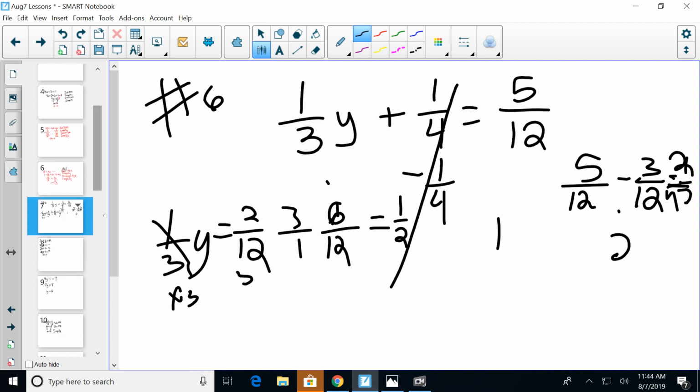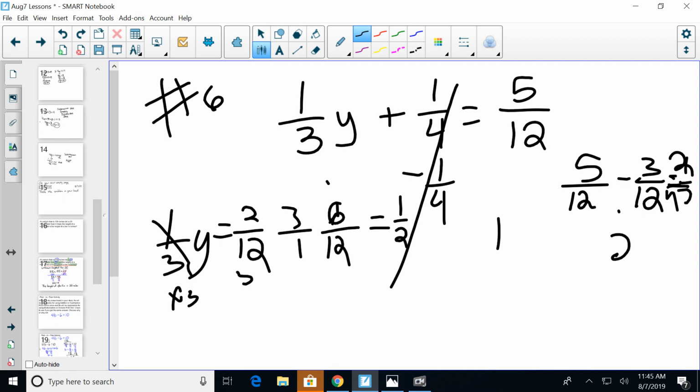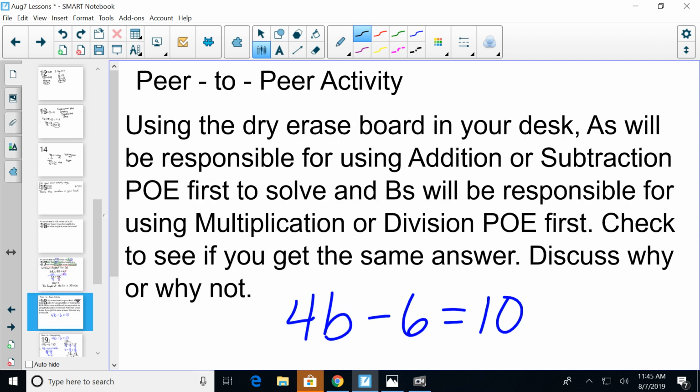I gave each of you a blank slip of paper. We were doing it with the dry erase board, but I got to save a little time. So we're not going to use the dry erase board. All right, so here's what we're going to do. If you are A, you must work this beautiful problem on the bottom using either addition or subtraction property of equality first.